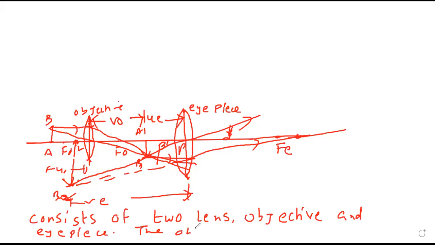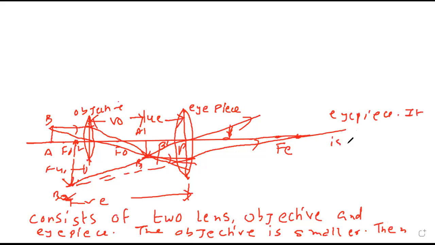The objective is smaller than the eyepiece. It is situated close to the object.